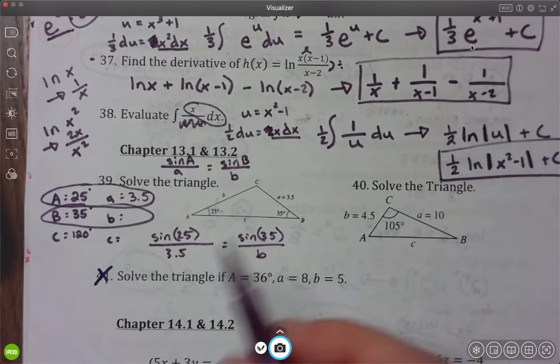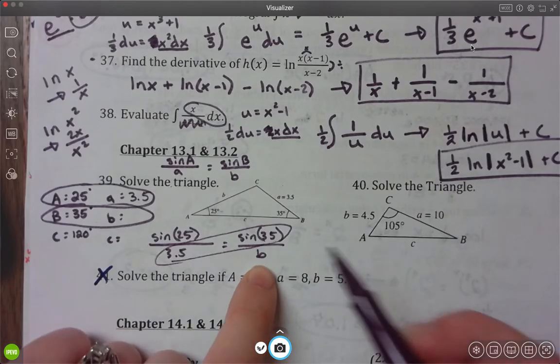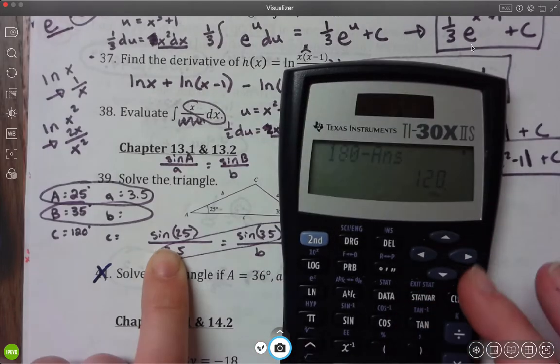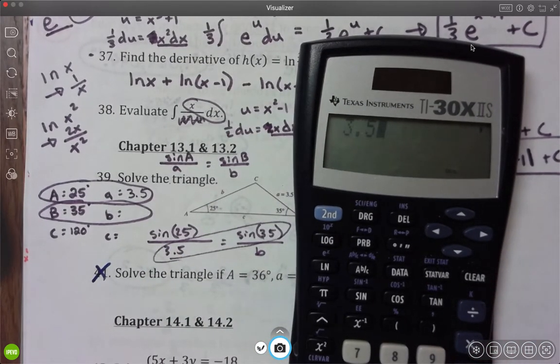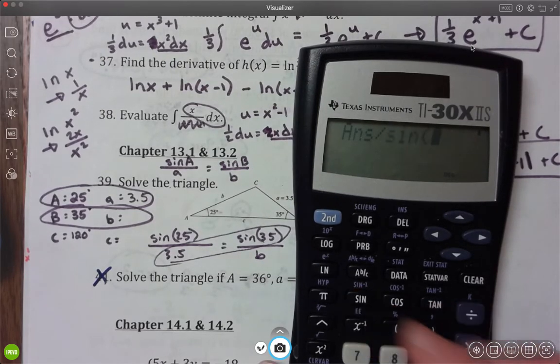So I'm going to multiply these guys. Okay, then to get B by itself, I would multiply those guys and divide by sine of 25. So if you need to write that out, go ahead and do that. But I'm just gonna multiply 3.5 sine 35, and then I'm going to get that answer and divide that by sine of 25.